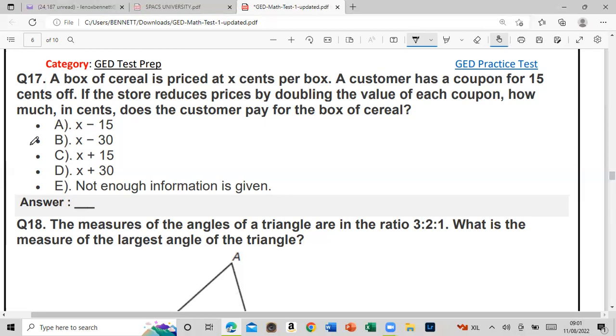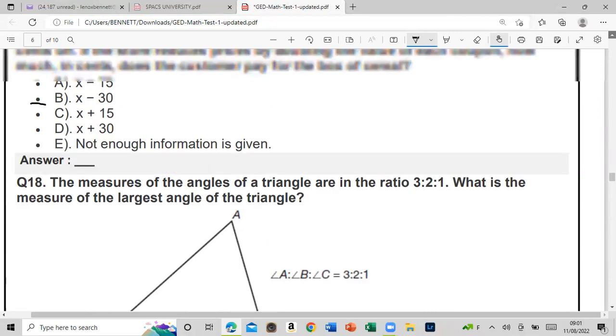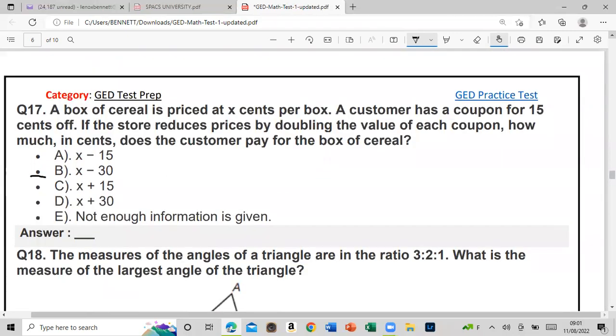I'm reading too, but I don't know about that. The box of cereal is priced at X cents per box. Customers have a coupon of 15 cents. Oh, the store reduces the price by doubling the value of each coupon. So if you double each coupon, wouldn't it be 30 for each?